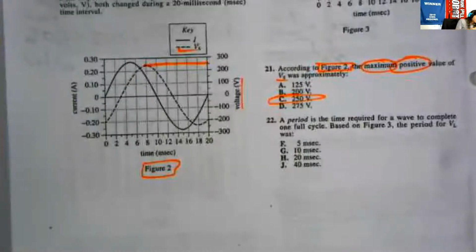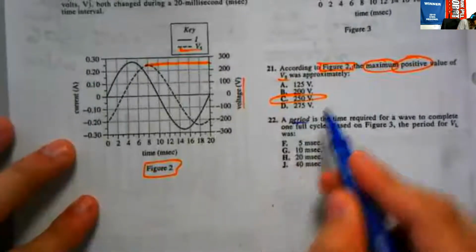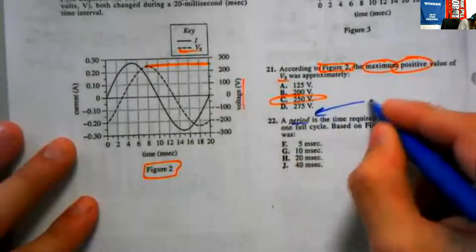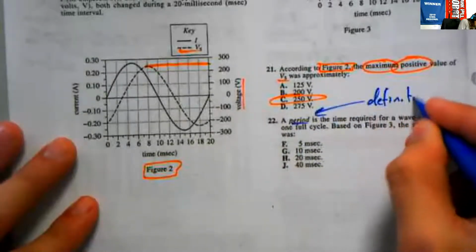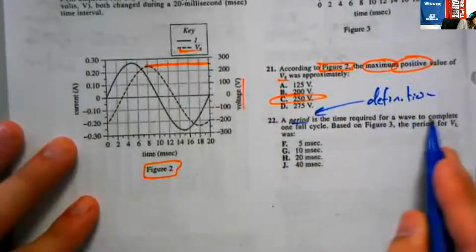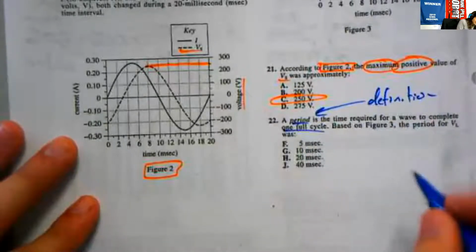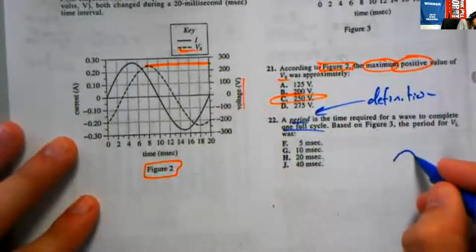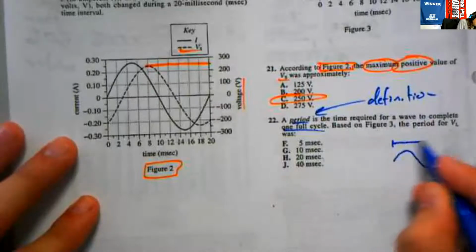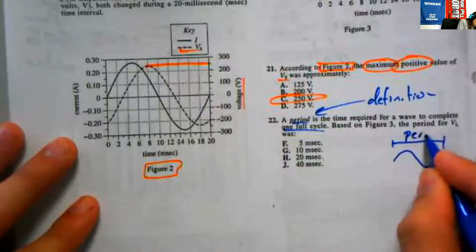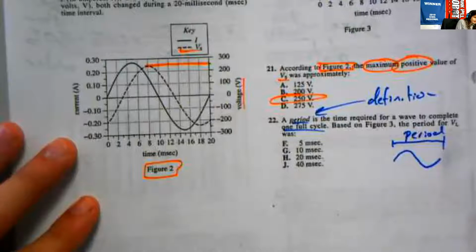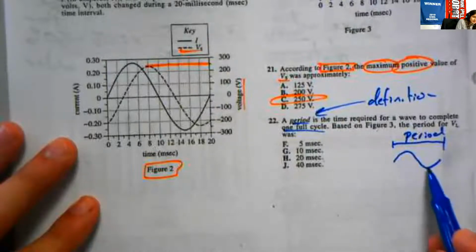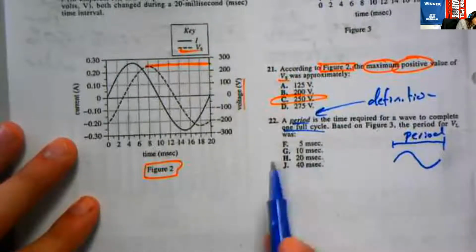A period, ooh, gave me one of those italicized words. That tells me it's a definition. It's the time required for the wave to complete one full cycle. What does that mean? This much time. That's a period. That's what a period looks like. The wave goes up, the wave goes down, the wave comes back to the middle.